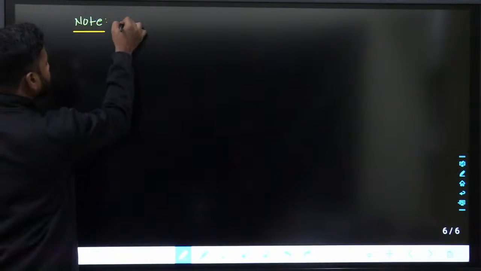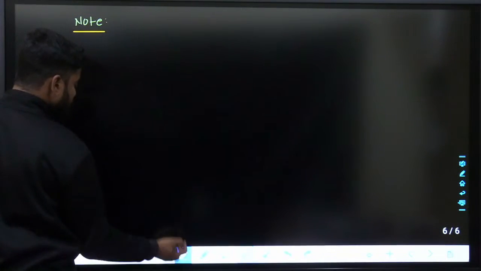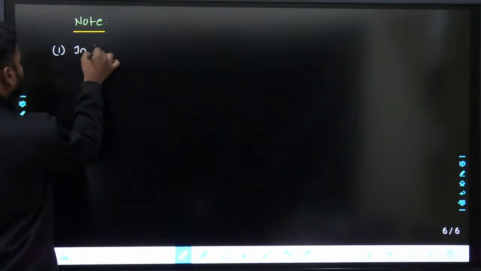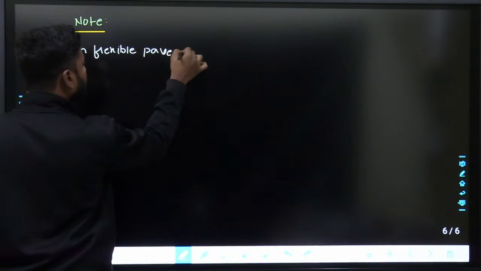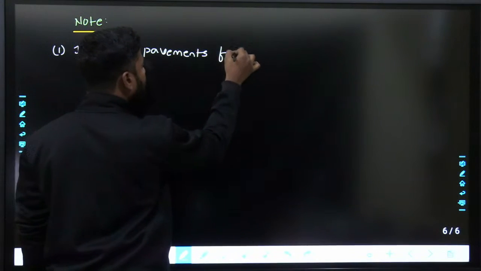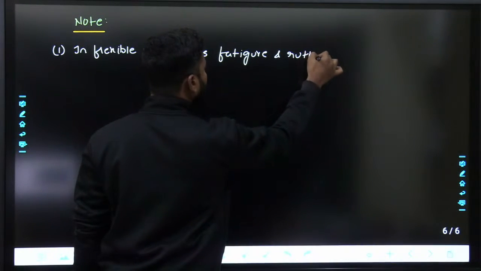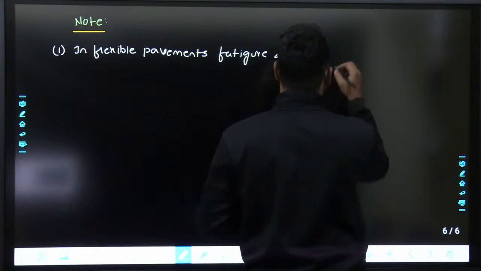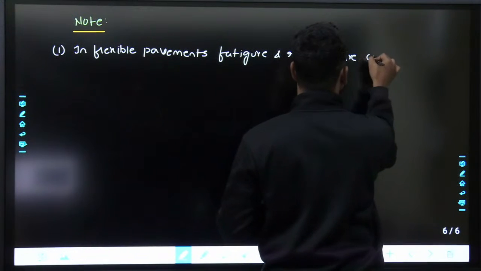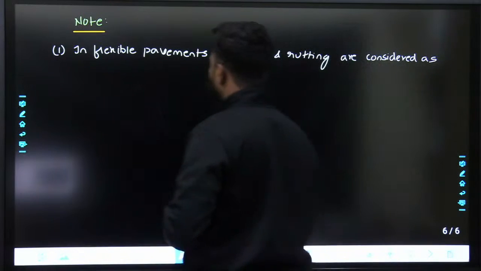In flexible pavements, fatigue and rutting are considered as failures.